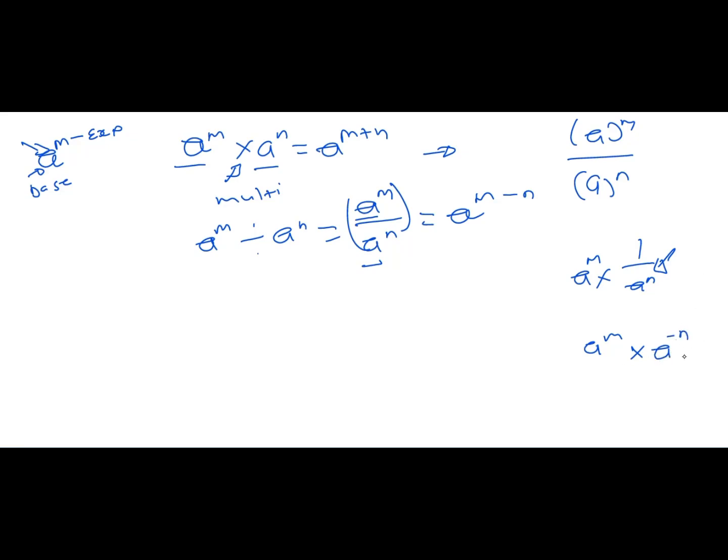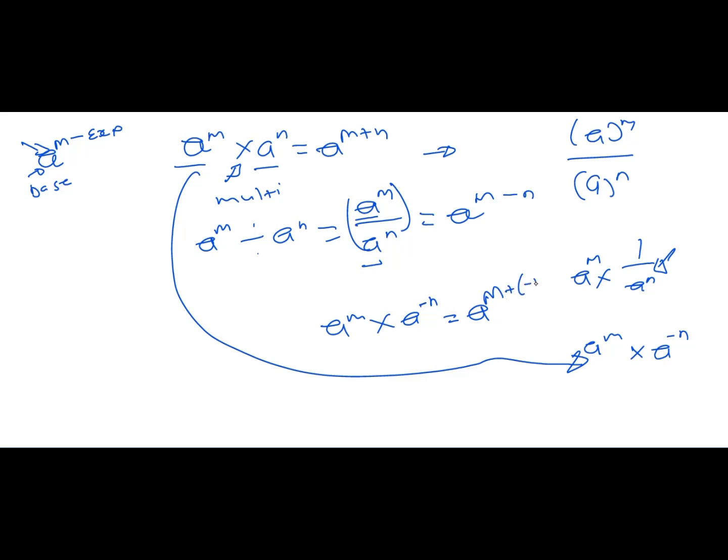That's why it also brings us here. So a to the power m times a to the power negative n is also equal to a to the power m minus n. Remember, here we have negative because we're going to say plus into negative n. So that's why it's going to be a to the power m minus n. I hope you understand now.